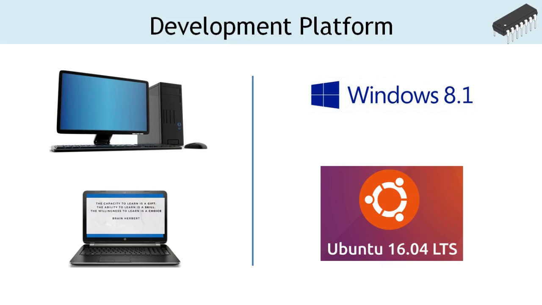For Linux, I shall use Ubuntu 16.04 LTS. You can use other distributions of Linux like Fedora or SUSE. There might be variation in commands to set up the tools and utilities, but the process is the same. Irrespective of the operating system, the tools used and the steps followed for the compilation of code and flashing the microcontroller are the same. So feel free to select the operating system of your choice.